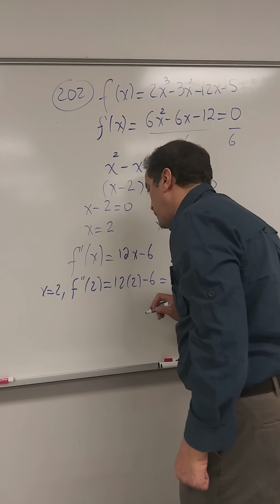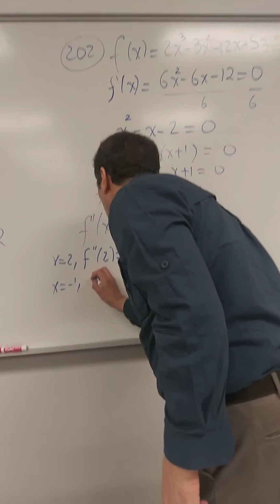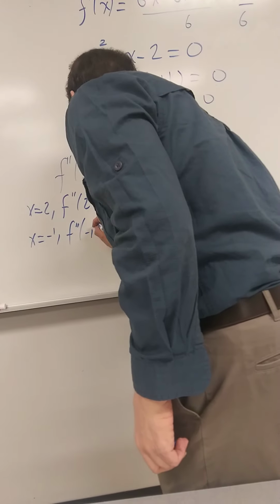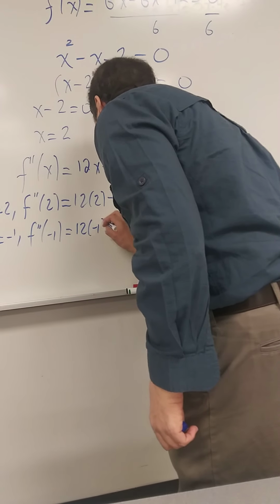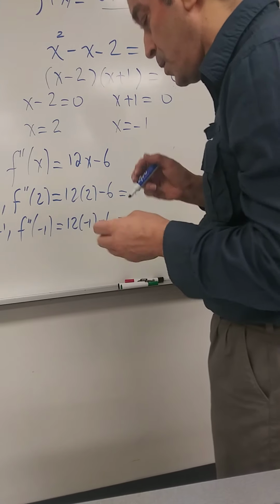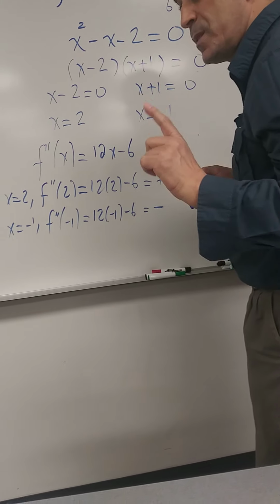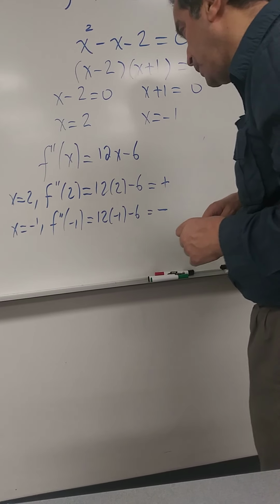That's a positive number. And then when x equals negative 1, the second derivative at negative 1 is 12 times negative 1 minus 6. That's a negative. We don't care what the number is, we only care about the sign, and we don't want it to be 0. 0 is another special point which we'll cover in a different video.